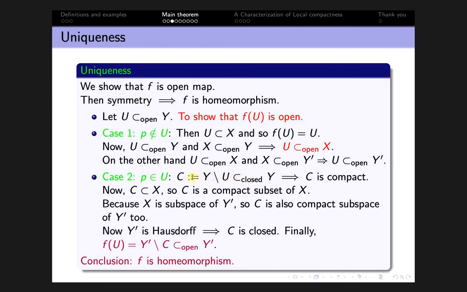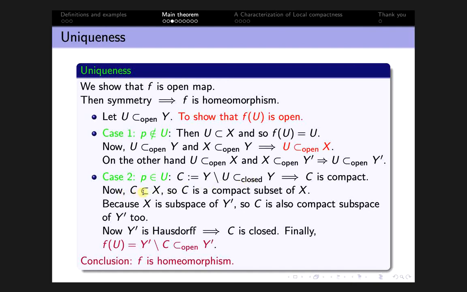So C equals Y minus U is closed in Y, and Y is compact. A closed subset of a compact set is again compact. So we have C is compact.